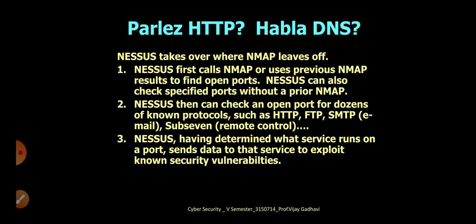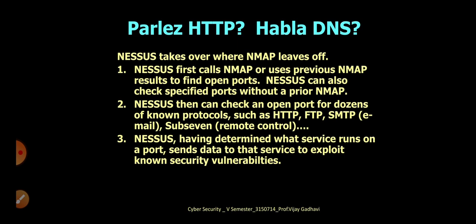NESSUS takes over where NMAP leaves off. First, NESSUS calls NMAP or uses the previous NMAP results to find open ports. It can also check specified ports without a prior NMAP.